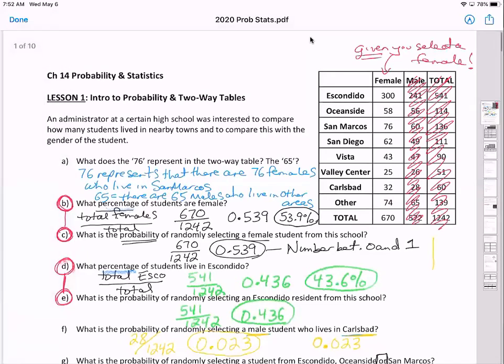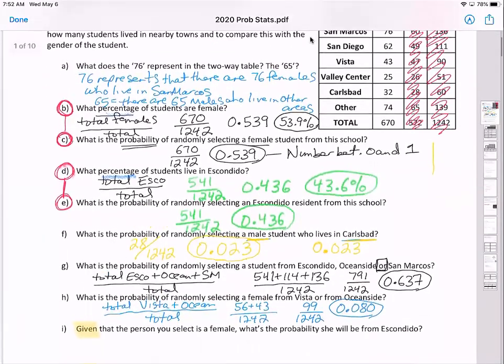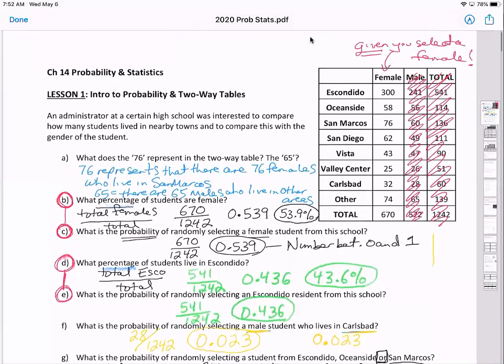And then the question says, what's the probability she'll be from Escondido? So let's look at this and say, well, here are my females. I have 670 total females. What's the probability she'll be from Escondido? Well, how many are from Escondido and females? There's 300 of them out of 670.